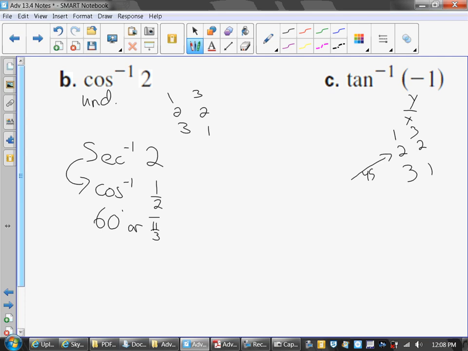45. Now, they're both positive here, which means, where are they both negative? At -45. They're not both negative, excuse me. One of them's negative. Fourth quadrant has one positive and one negative.